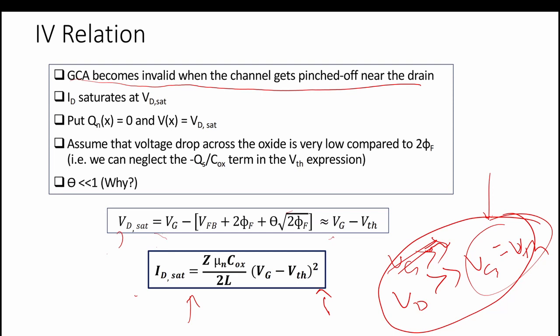Now I_D saturates at V_D saturation, because of the channel pinch off, however much we increase the voltage there is no effect on the current. Now Q_n(x) is equal to 0 at V_D saturation.